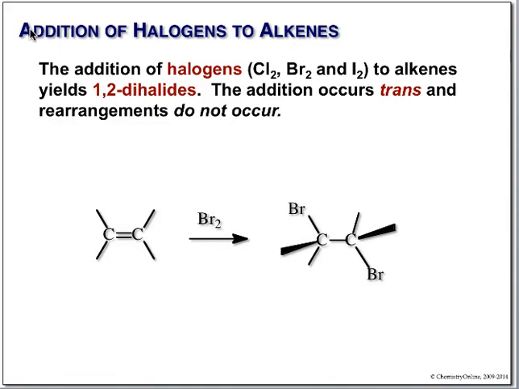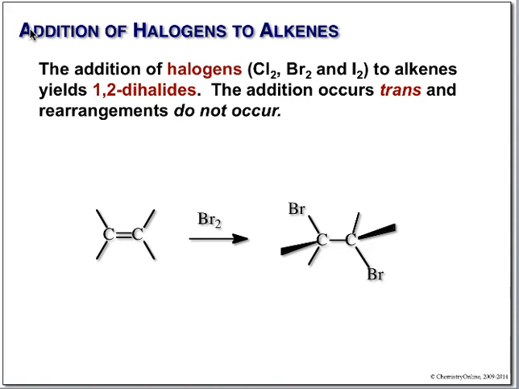This reaction has a defined stereochemistry. That is, the two bromines are always on opposite sides of the double bond, so they add trans to each other. We do not get rearrangements.